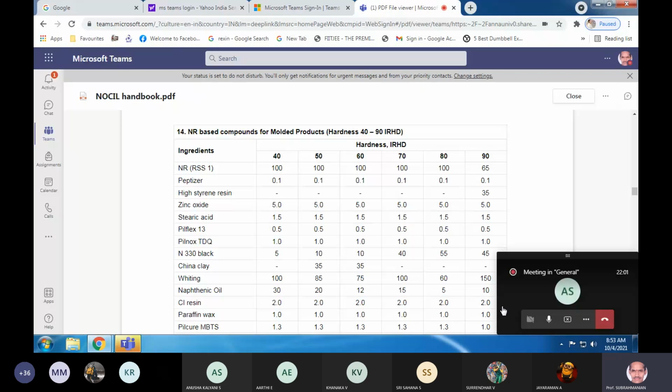For the simple reason, I don't want the rubber compound to become scorchy on repeated milling or sheeting or repeated warming. If I have aromatic oil, it can affect my rate of crosslinking or the induction period. Right? So naphthenic oil does not impact.